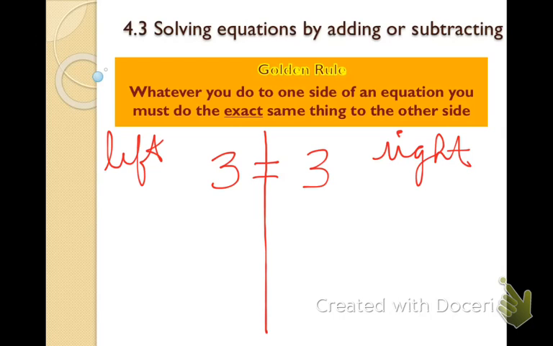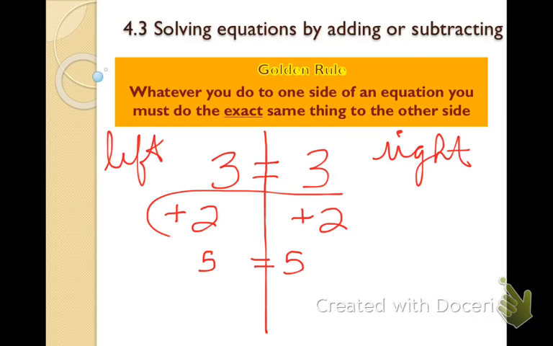If on the left side I add 2, I have to do the exact same thing on the right side. Now on the left, 3 plus 2 is 5, and it still equals 5. They are still equal because I did the exact same thing to both sides.